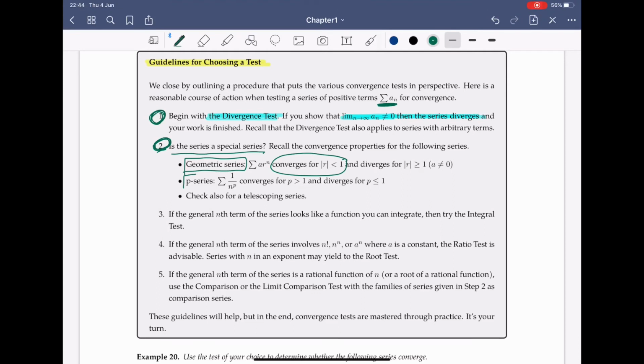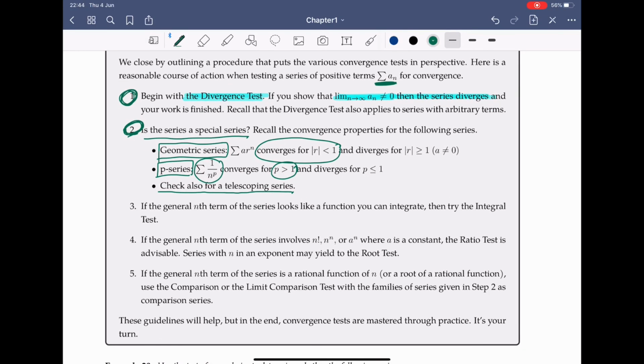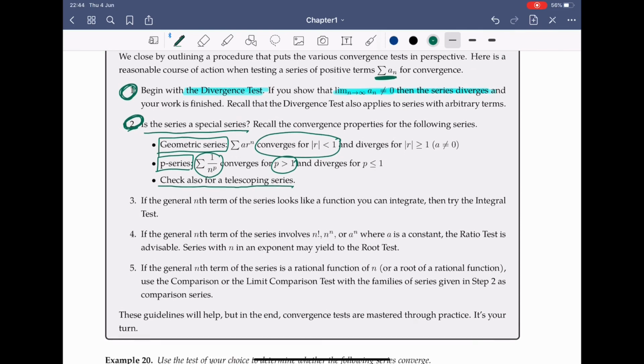If it is a P series of the form 1 over n to the P, this is going to be convergent when P is bigger than 1. Otherwise it will be divergent. Check also if there is a telescoping series. So case number 2 is the one where you see a specific pattern.